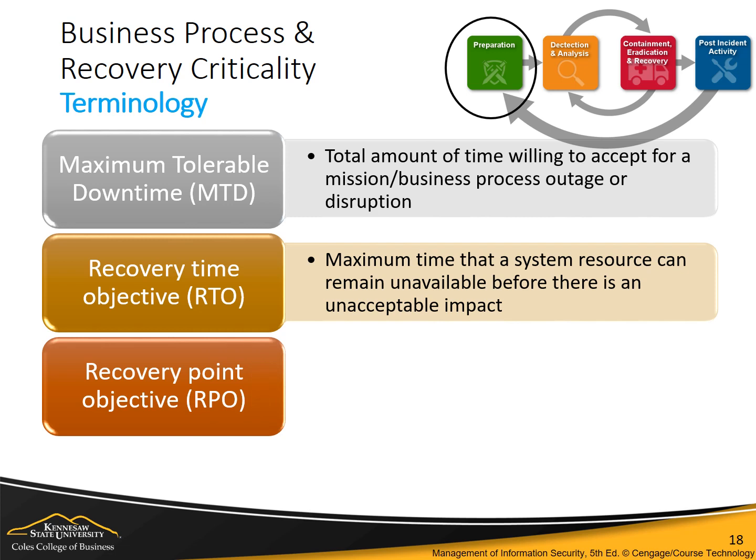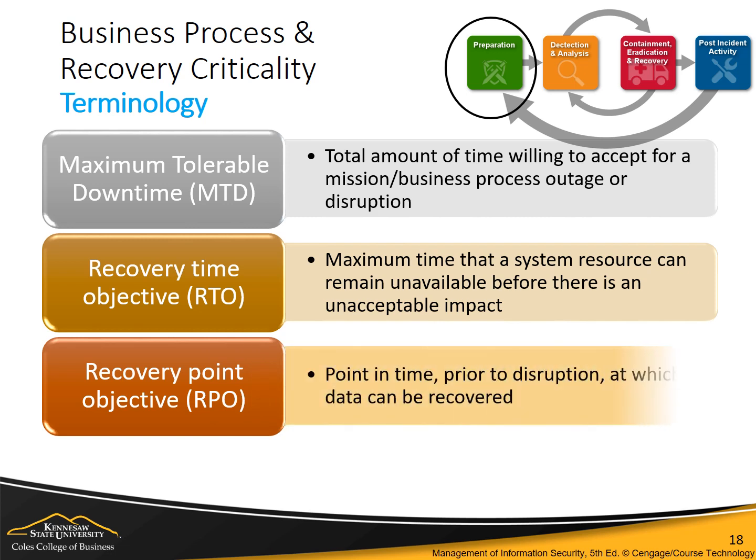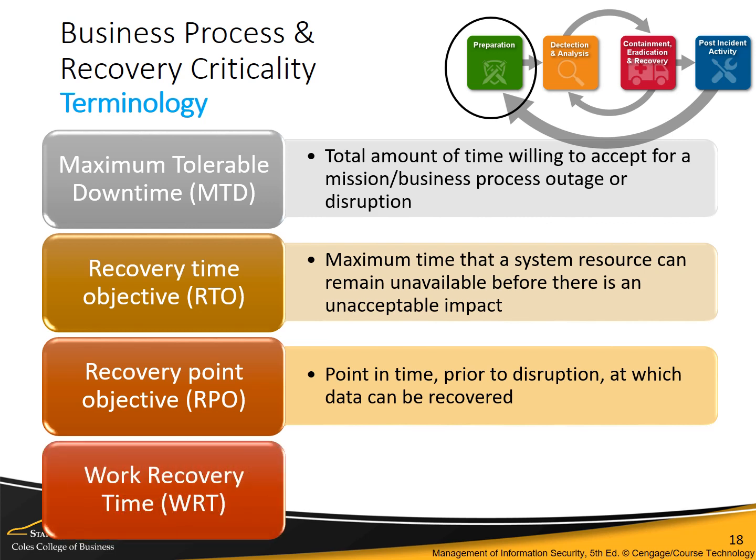Third is recovery point objective, or RPO, which is the point in time prior to a disruption or system outage to which mission business process data can be recovered, given the most recent backup copy of the data after an outage. Finally is work recovery time, or WRT.